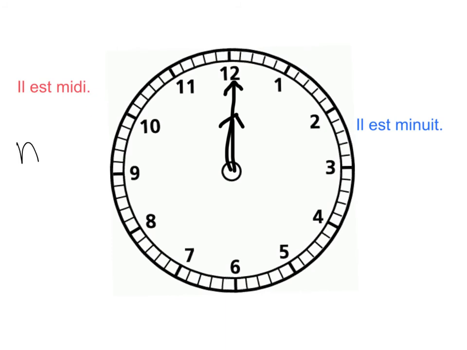Okay, noon, midi. And if you want to say that it's midnight, you say il est minuit, minuit. It kind of looks like midnight, and that's exactly what it means, because nuit means night, so midnight. Just like that, nice and easy, midnight.